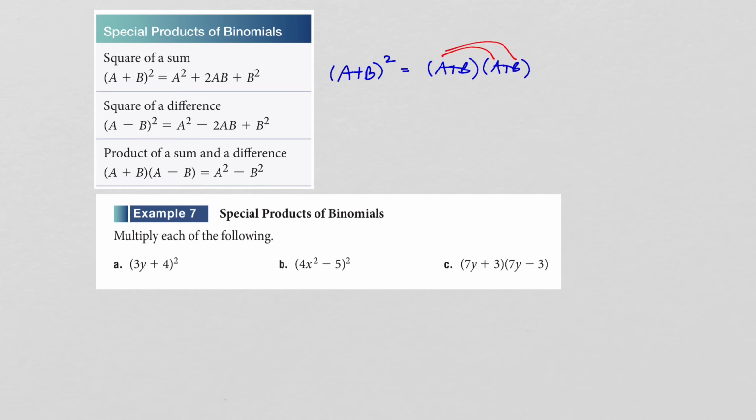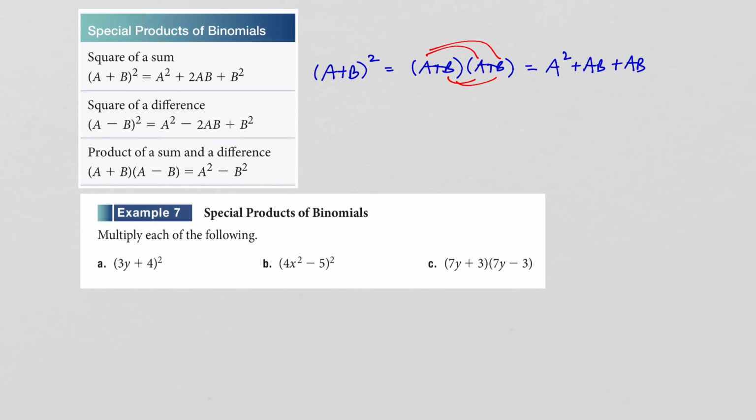And when you do the FOIL process, you end up getting a times a is a squared, a times b is ab, a times b again is ab, and b times b is b squared. And then you can see 1ab plus 1ab is 2ab. So that's where this formula comes from.